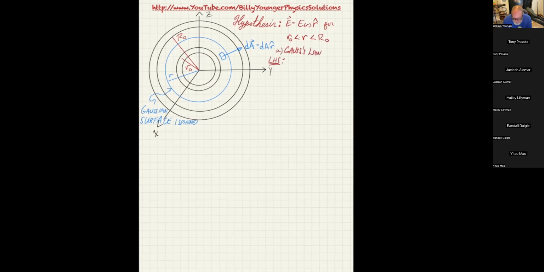So this is part A. The left-hand side says the closed integral of E dot dA is equal to the integral of E of R hat, dotted with dA.